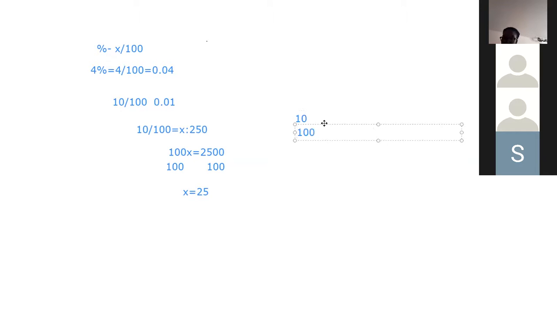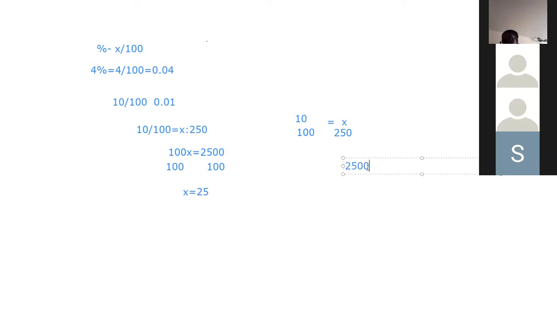And that's going to equal, we don't know how many grams we have right now, right? But we do know how many milliliters we have. So we got to put that on the bottom with the other milliliters. Okay. So we're going to cross multiply now. So 10 times 250 is our 2,500.